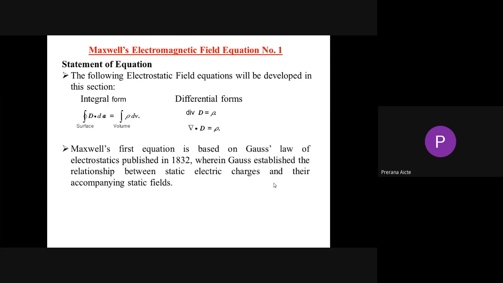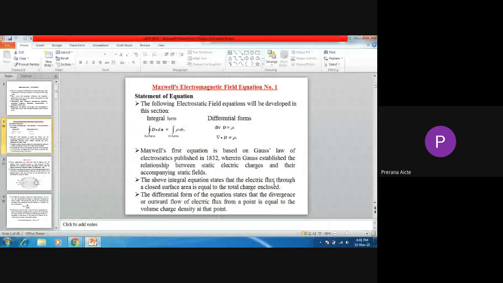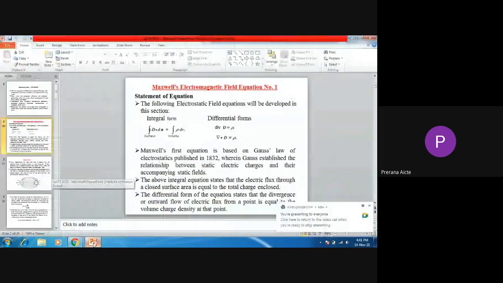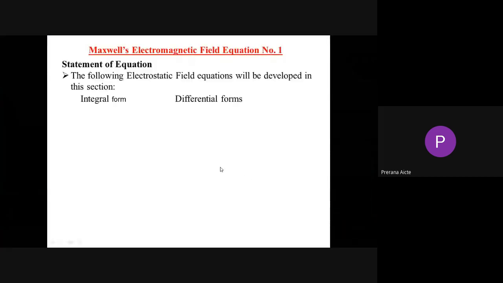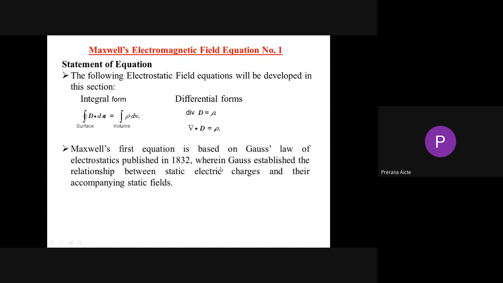The Maxwell first equation is based on the Gauss law of electrostatics, published in 1832, wherein Gauss established the relationship between the static electric charges and their accompanying static fields.